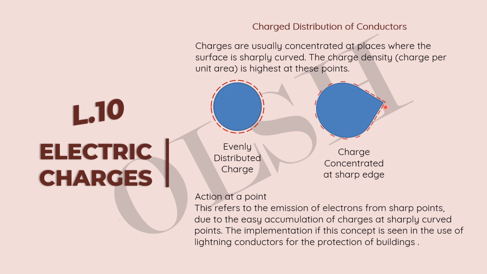Due to that accumulation of charges, this is the concept that is used for protecting buildings from lightning. Where you have your lightning protector, those charges that accumulate at the tip of the spike on the building have the ability to be easily emitted and repel certain clouds, and that process keeps the building safe.